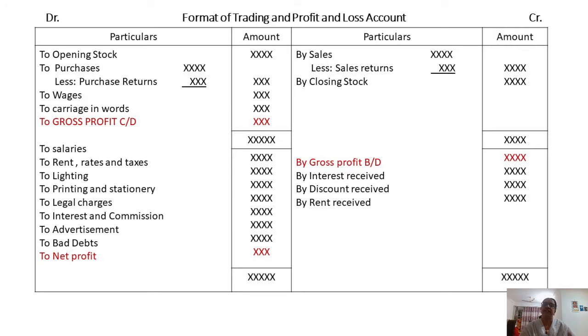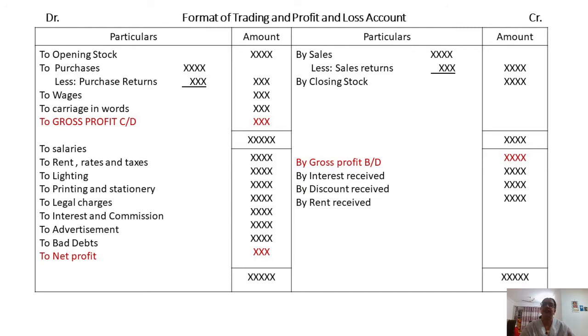Then purchases, whatever goods you have bought this year, are also an expenditure, taken to the inner column. Less purchase returns. If you have made purchases and find some defective goods that you want to return, that will be deducted from your purchases, and the balance is taken to the amount column. This is your net purchases, the actual purchases.